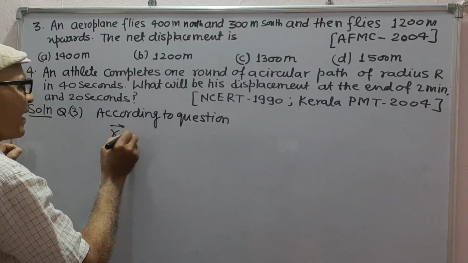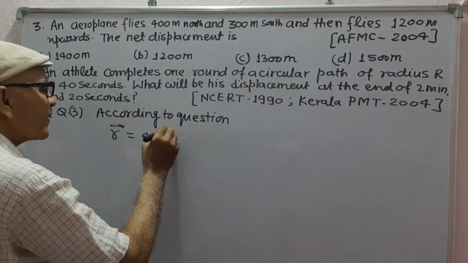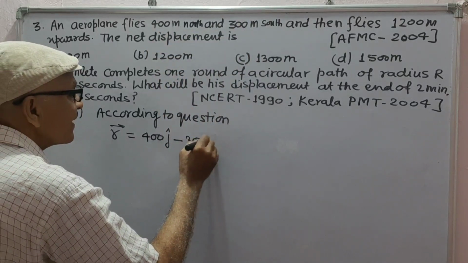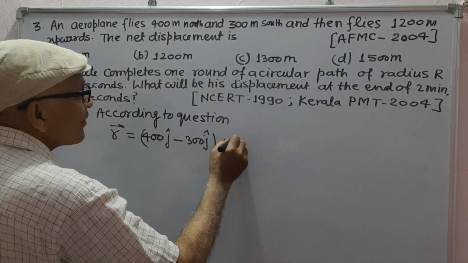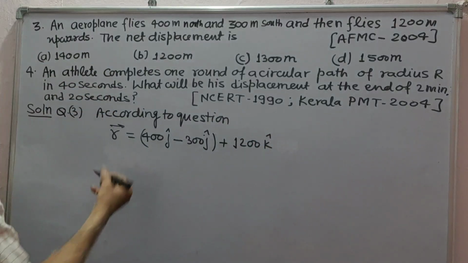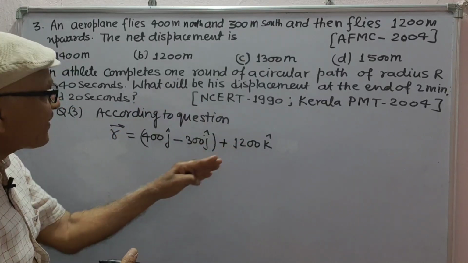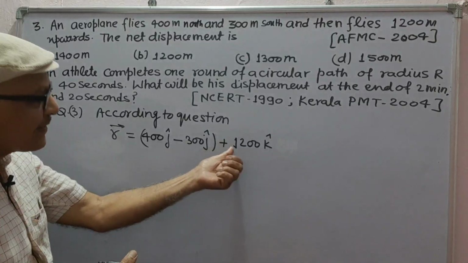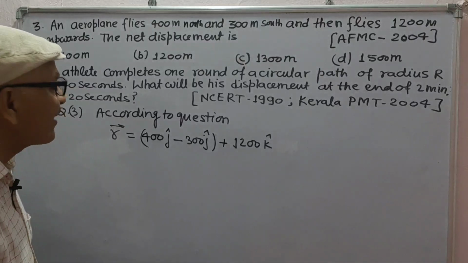displacement vector r will be equal to 400 j unit vector minus 300 j unit vector plus 1200 k unit vector, because the aeroplane goes 400 meter towards north and comes back 300 meters and then it moves along z axis vertically upwards 1200 meters.